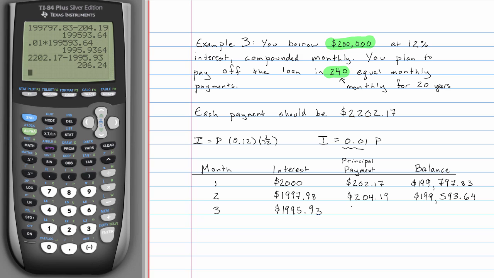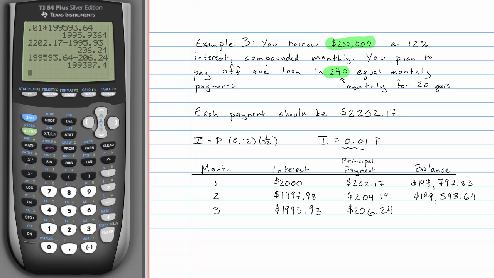So next month, $206.24 goes toward the principal, which means that what we still owe is that previous balance minus that principal payment. Now we're down to $199,387.40.